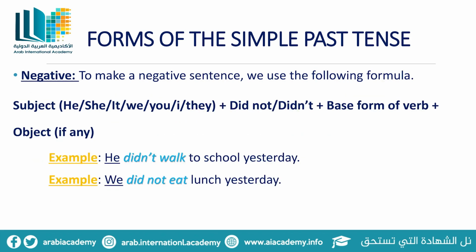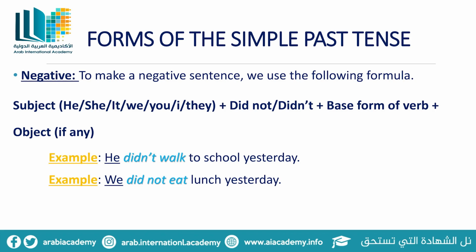Now, in order to make a negative sentence, we use the following formula. If the subject is he, she, it, we, you, I, they, we add did not plus the base form of the verb plus the object, if any.